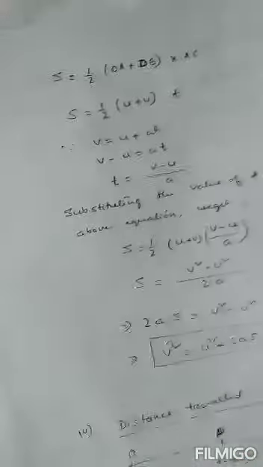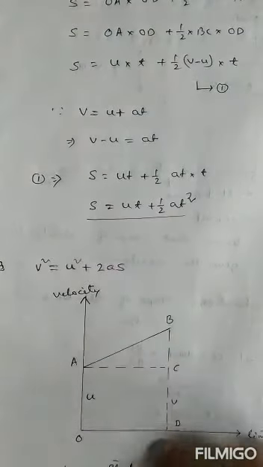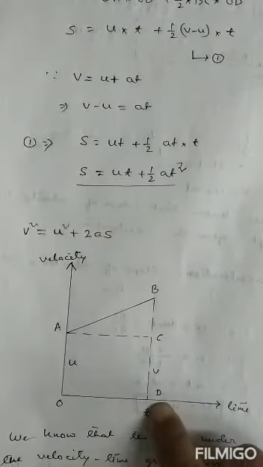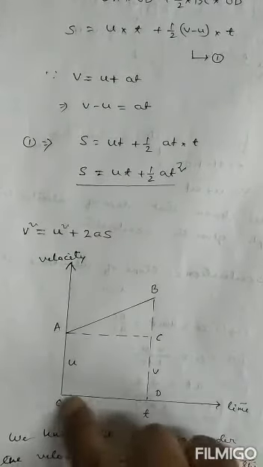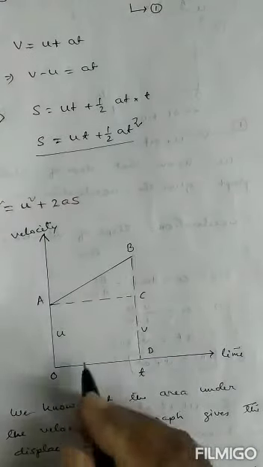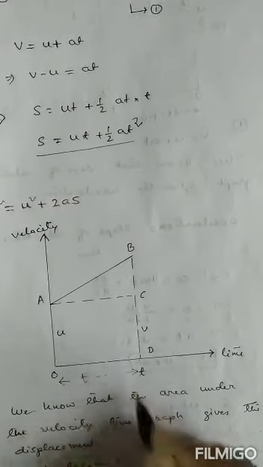So therefore, the area of the trapezium is considered as half into OA plus BD into AC. OA gives us U, BD gives us V, and AC gives us T minus 0, which means T. So, what is the area of the trapezium?